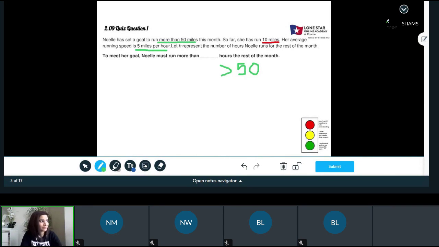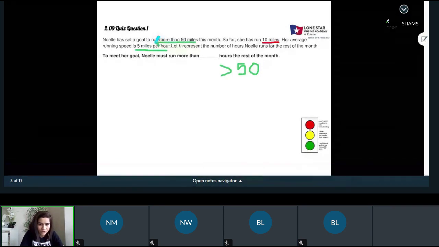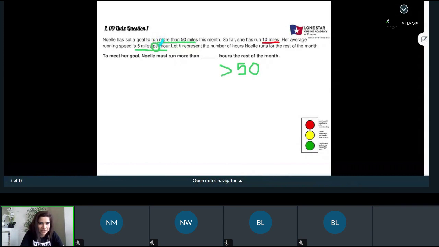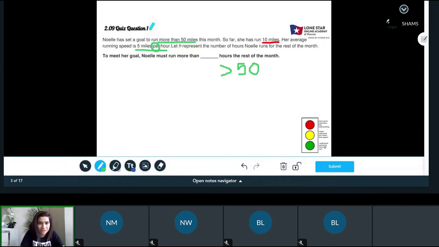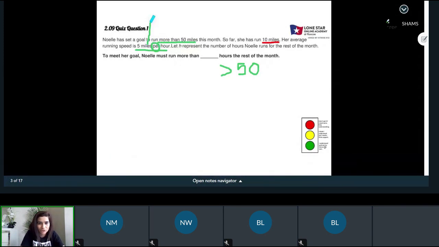Very good, Angelina. Angelina says, because it says 5 miles per hour, the word per here tells us that 5 is the coefficient and will have the variable, 5h. Very good, Angelina.